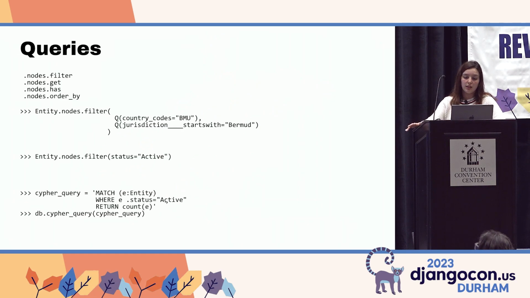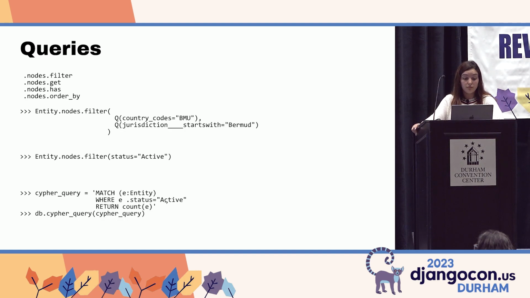And neomodel contains an API for querying sets of nodes without having to write Cypher. For example, we have filter; the filter method borrows the same Django filter format, for example less than, greater than. Then we have get, the same as Django, and has, that is to know if a node has a relationship or not. Then order by.